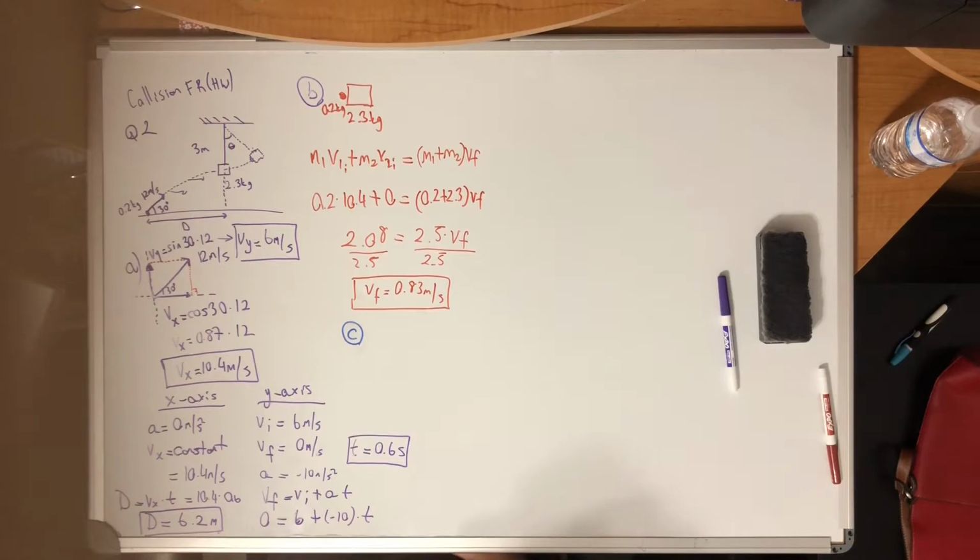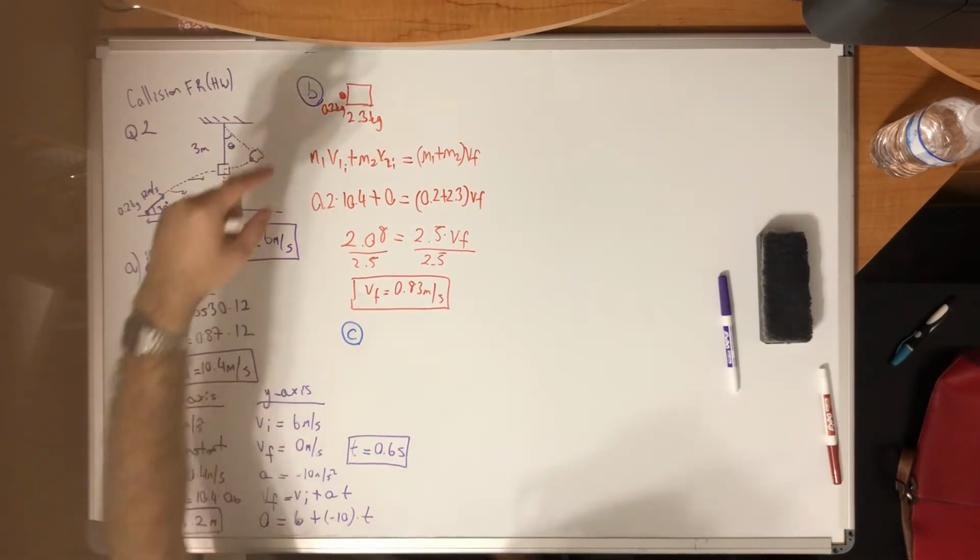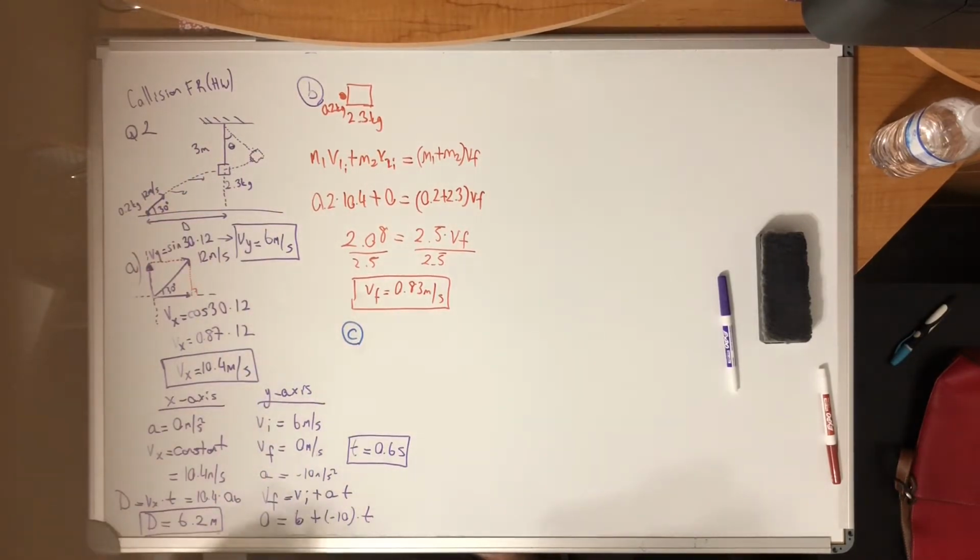Alright, so that is going to be done with conservation of energy, because if you remember in work-energy questions, we were talking about releasing an object at a certain location and then finding velocity at the lowest position. So this time we're going to go backwards.